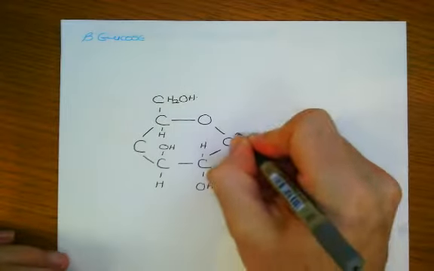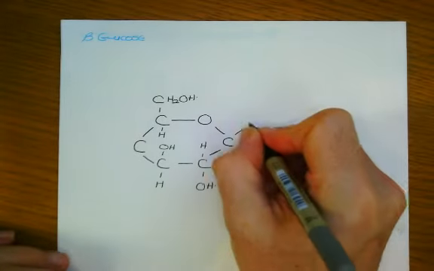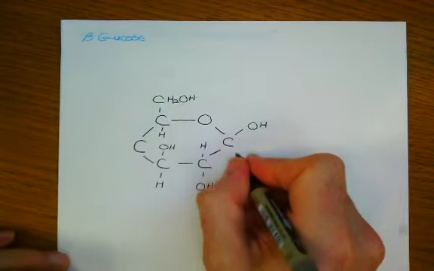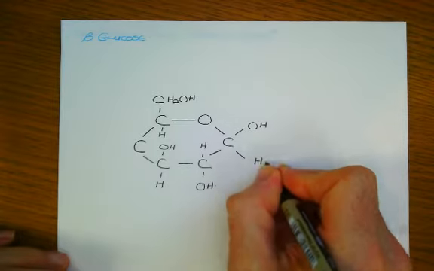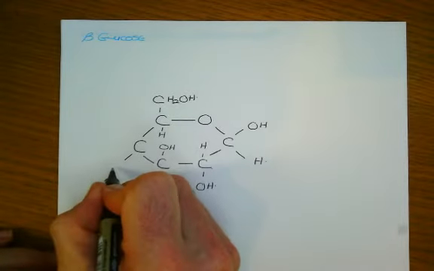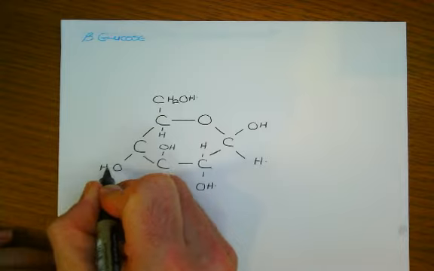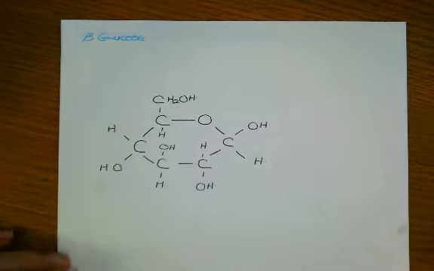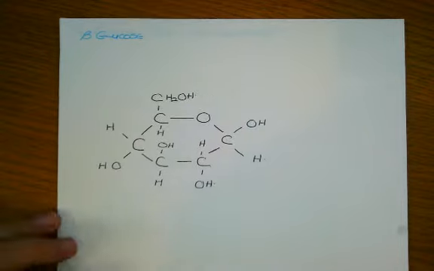Now, this is the bit where you need to pay attention to the difference. On carbon 1, we have an OH group like that, and a hydrogen like that. On carbon 4, we have an OH group here, and a hydrogen there. This is beta glucose.